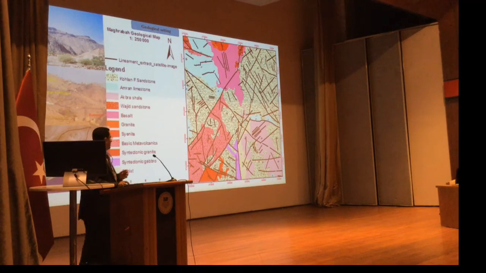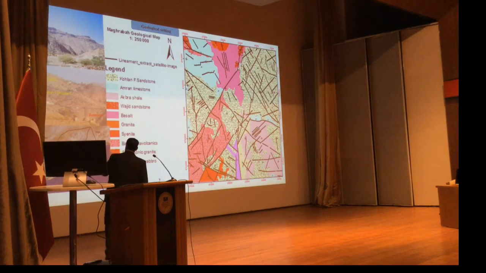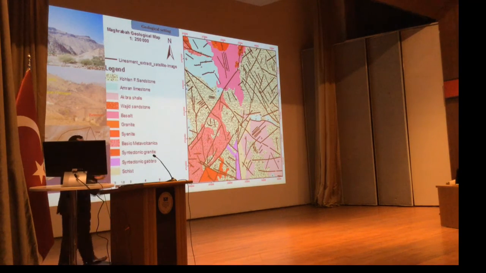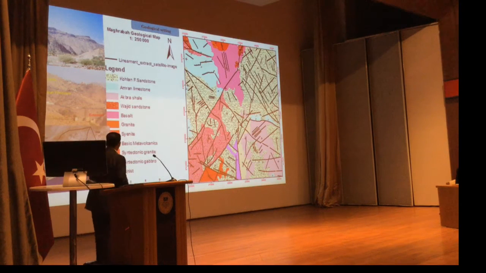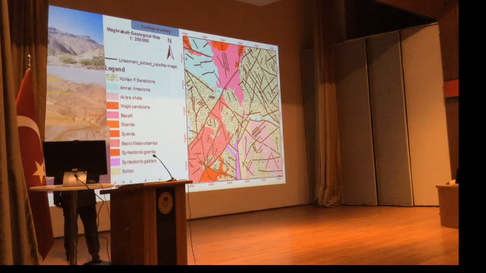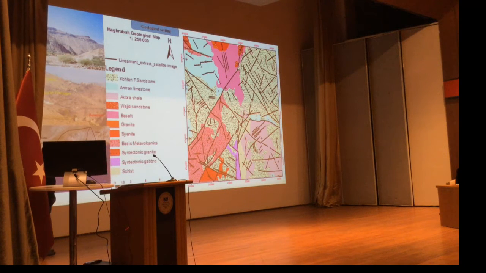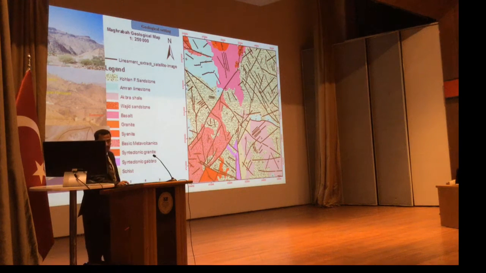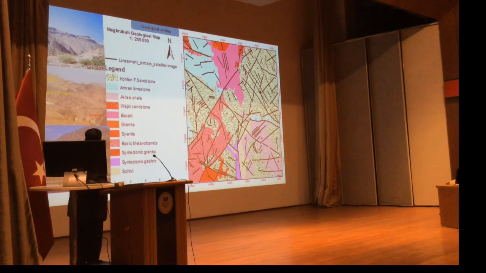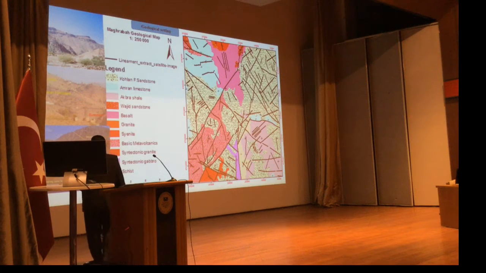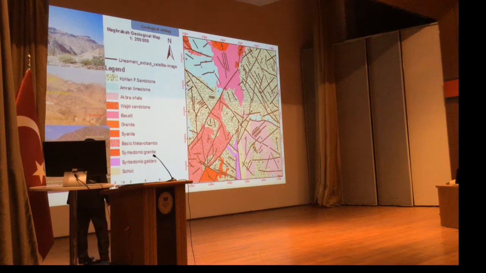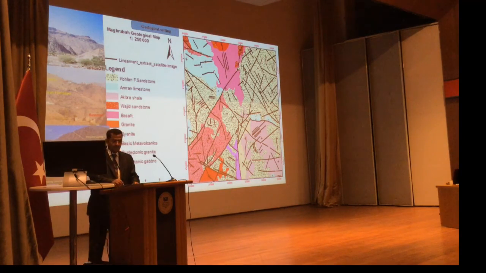This area has some evidence of the rocks, from the Arabian shield, and the first evidence is the Gulf of Aden. The second evidence is the intrusive rocks like granite, which affect the rocks of the area.